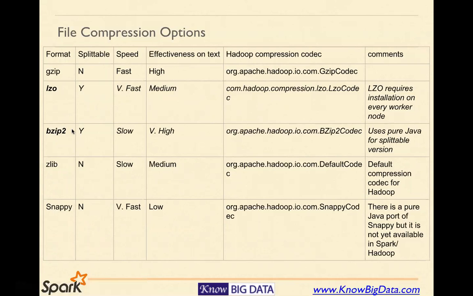Okay. Now, lzo is splittable as well as fast while reading, while bzip is good with text. That's the next parameter, but that doesn't matter much. What matters mostly is whether it's splittable and what kind of speed you have on this.